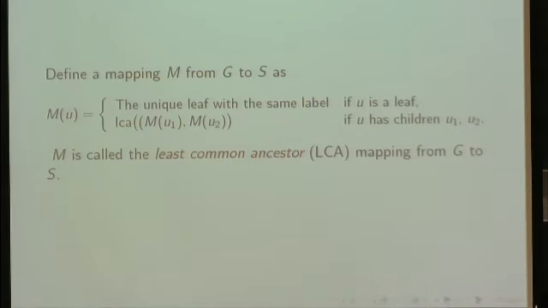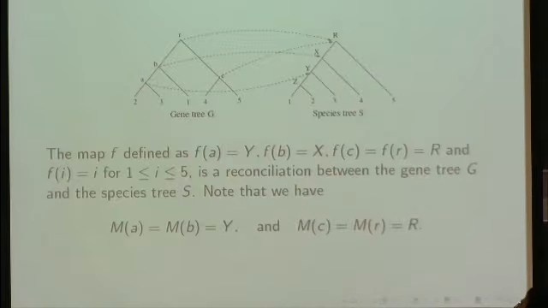If you have children U1 and U2, you map U to the LCA of the clusters associated with MU1 and MU2, and you can do this recursively. Here is the example I showed before. We can check this actually preserves the leaves and the order and the vertices of G.